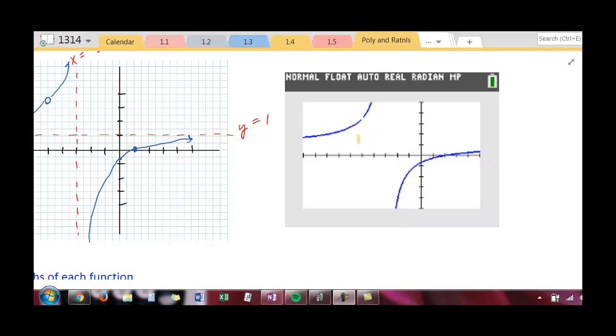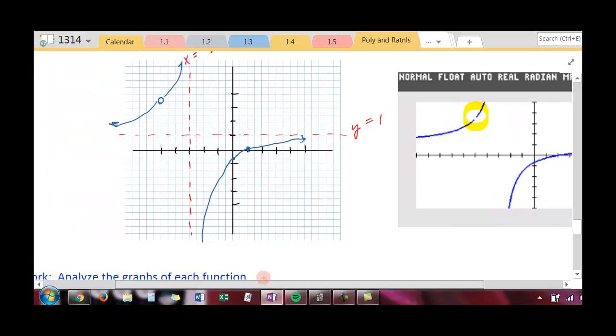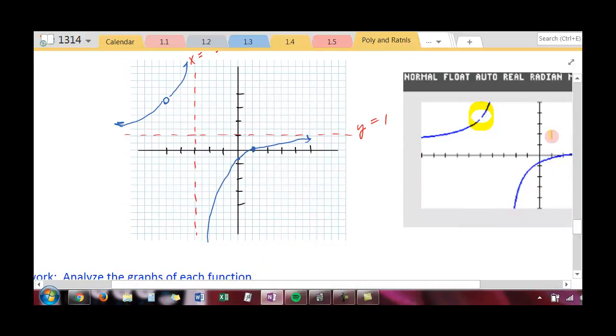On this particular version of the calculator, it's actually showing the hole that we are representing at (negative 5, 3.5), which I think is kind of interesting. Yours may not show that. My other personal calculator doesn't have that newer technology in it, and so we want to represent that hole right here.